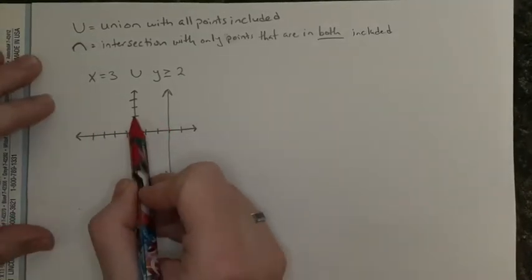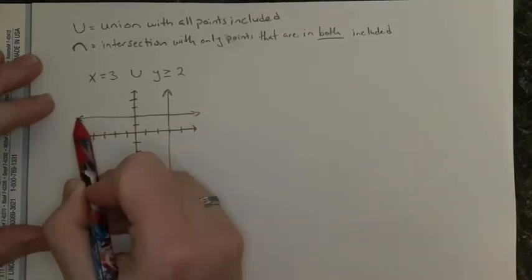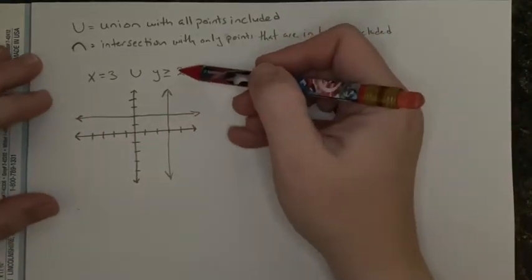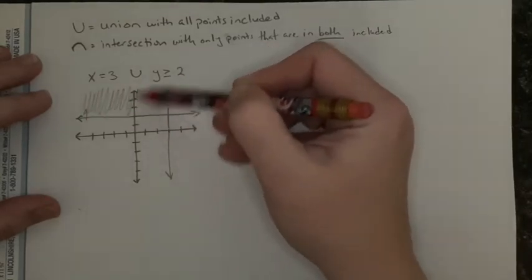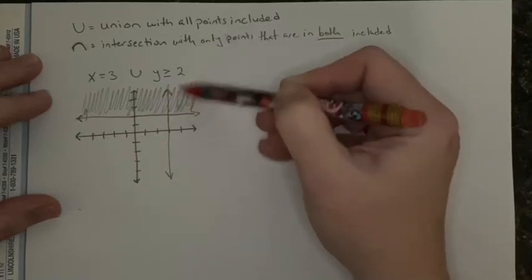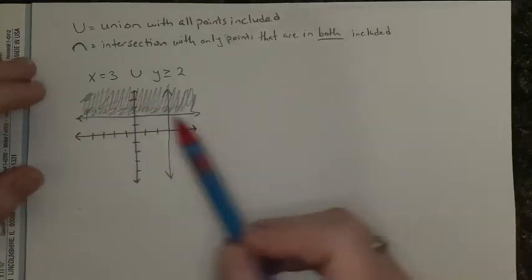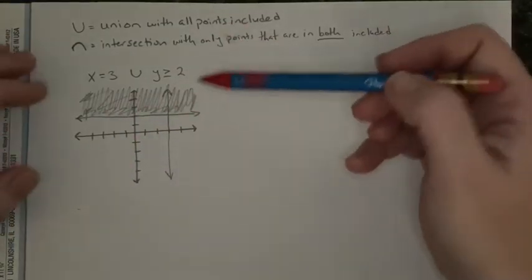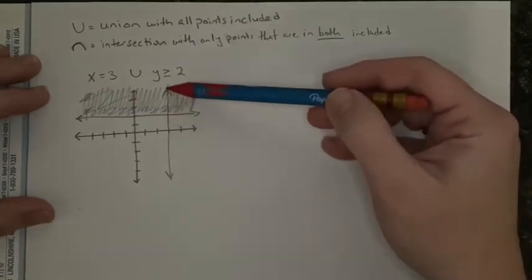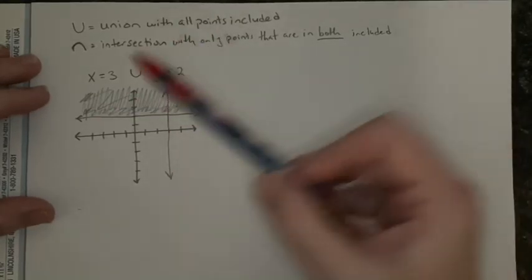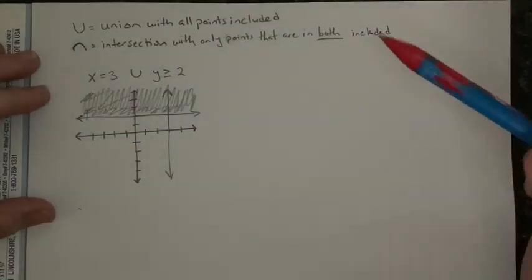So we're going to go to our y-axis at 2, and we're going to draw our horizontal line. Because it's greater than or equal to 2, we know that it's going to be shading everything on top of our line, because everything above it is included. So this is the graphing of a union. We have all of our x equals 3 and our y is greater than or equal to 2.